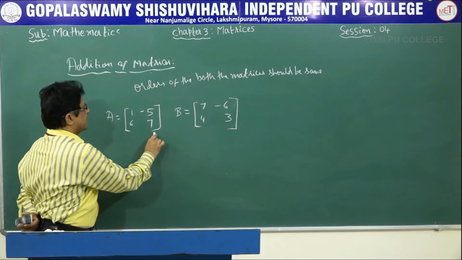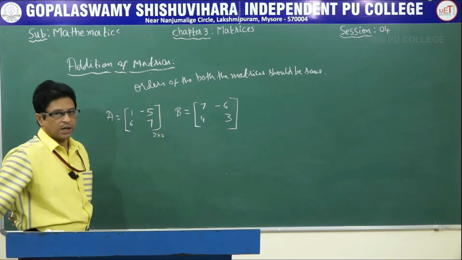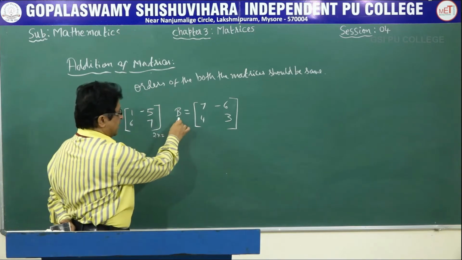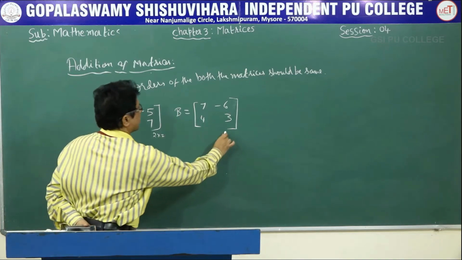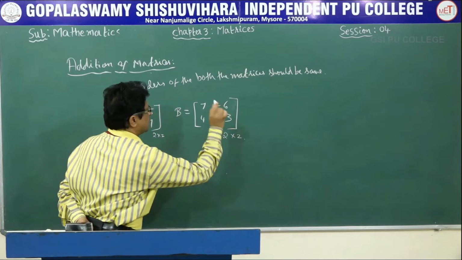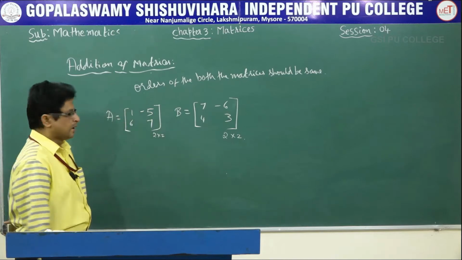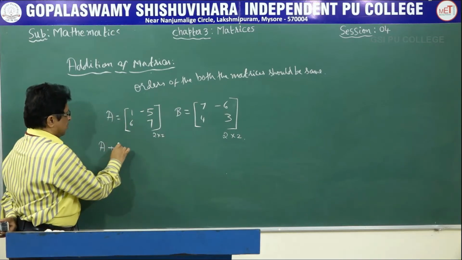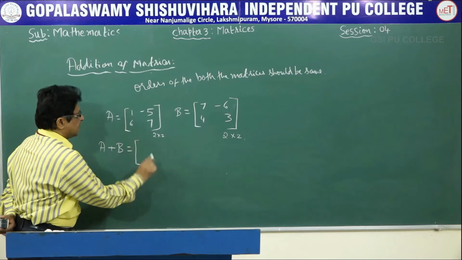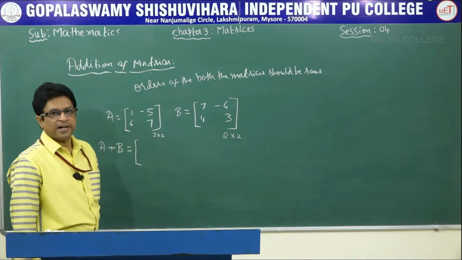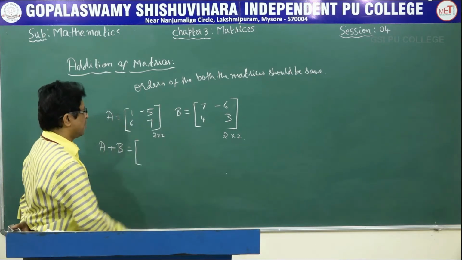See, the order of A is 2 into 2 or 2 by 2 and the order of the matrix B is 2 by 2. So then we can add the corresponding elements of these two matrices.